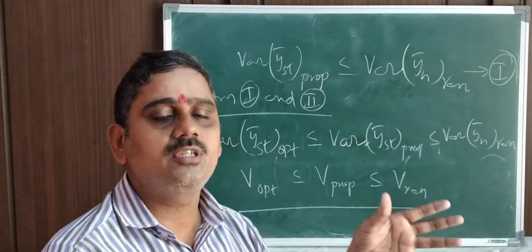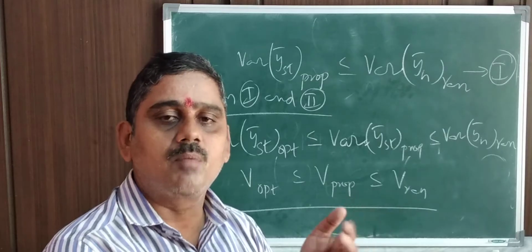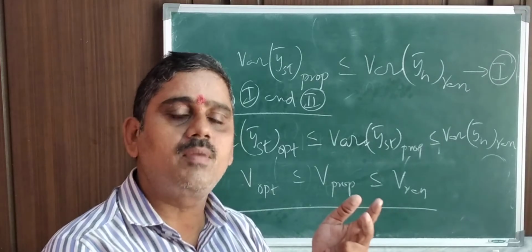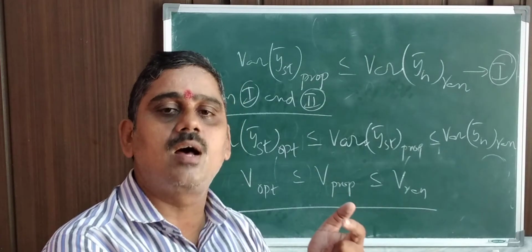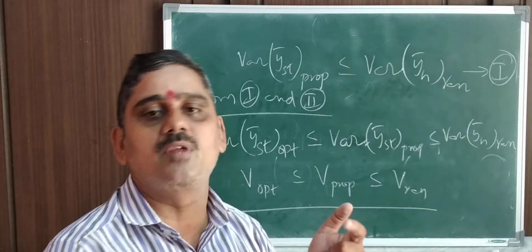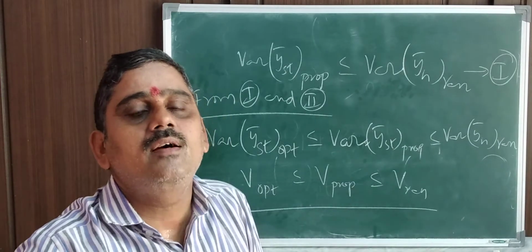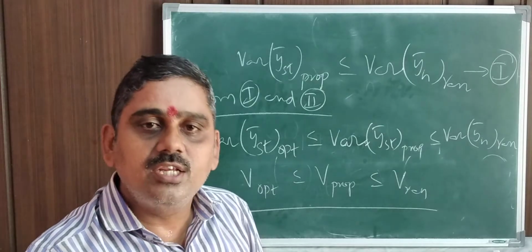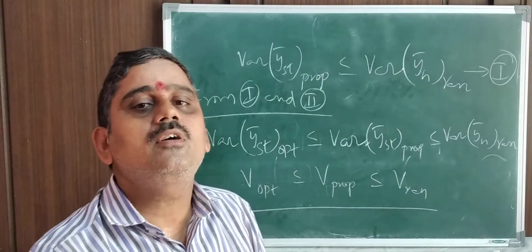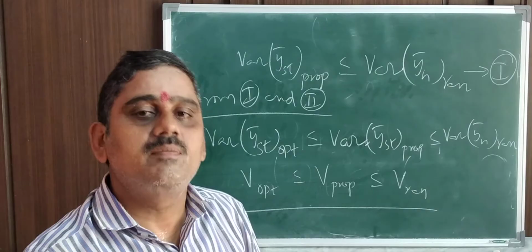Among the three techniques, optimum allocation, proportional allocation in stratified random sampling, and simple random sampling without replacement, we have compared the variances of these three, in which optimum allocation provides the minimum variance.